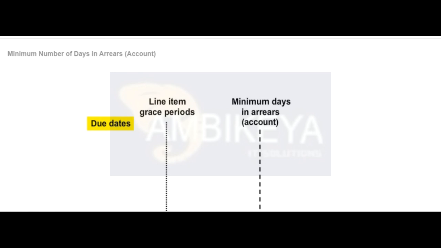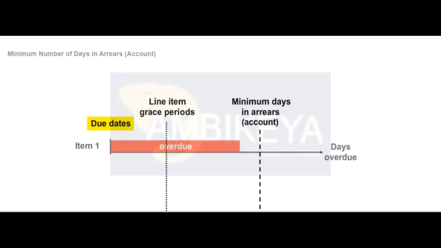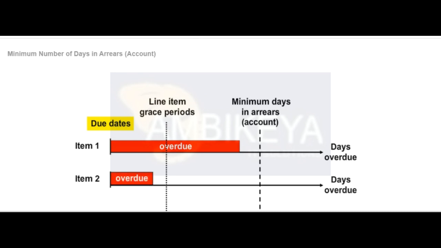You can only dun the account if at least one item reaches the permitted minimum number of days in arrears for the account. In the figure, the conditions for account dunning are as follows. Item 1 is overdue and must be dunned, but the minimum number of days in arrears has not been reached. Item 2 is overdue, but it is still within the grace period.